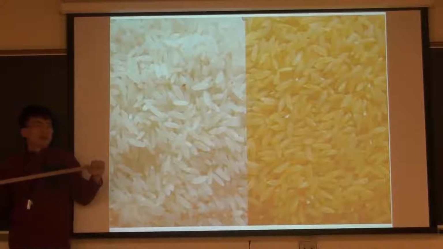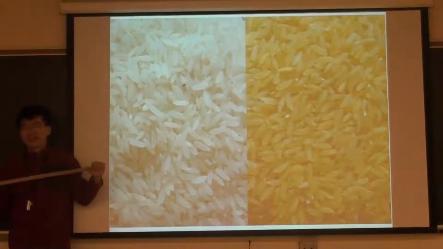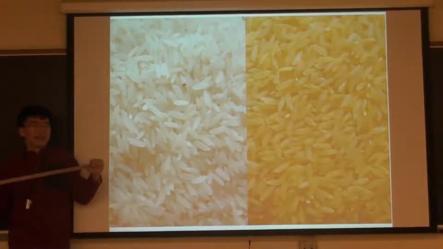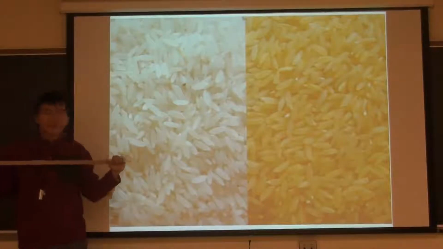In fact, in Europe, these kinds of crops are banned. You cannot sell them in Europe, but in the US, you cannot avoid it. Basically, 95% of what's produced in the field is modified.